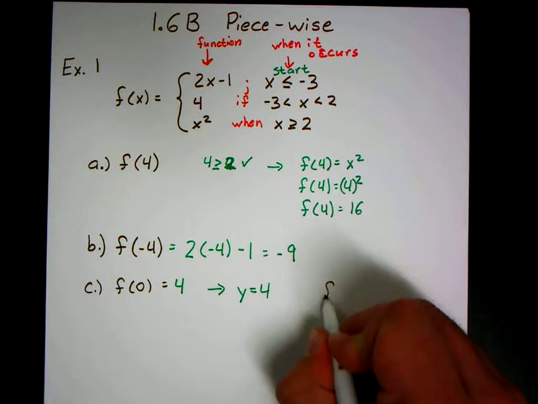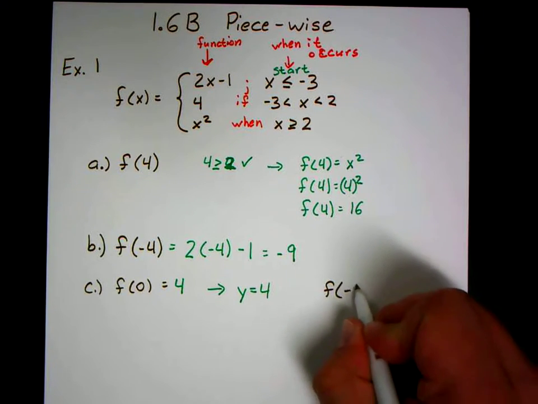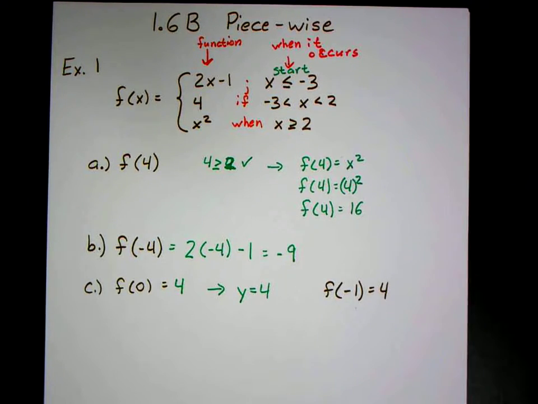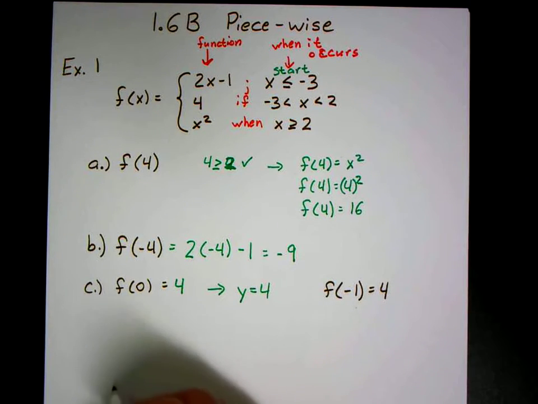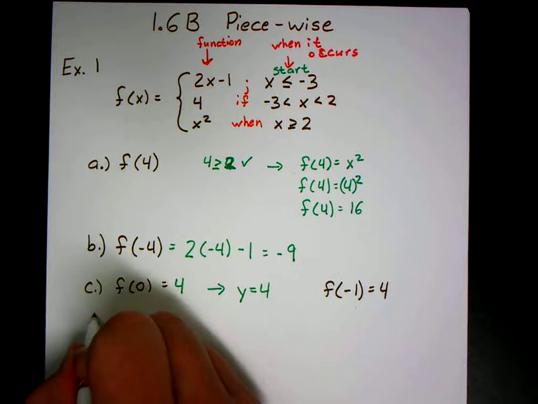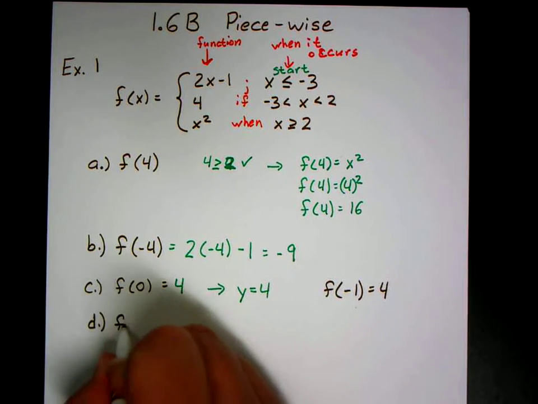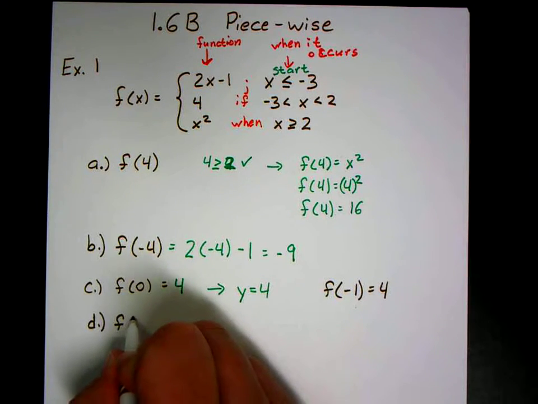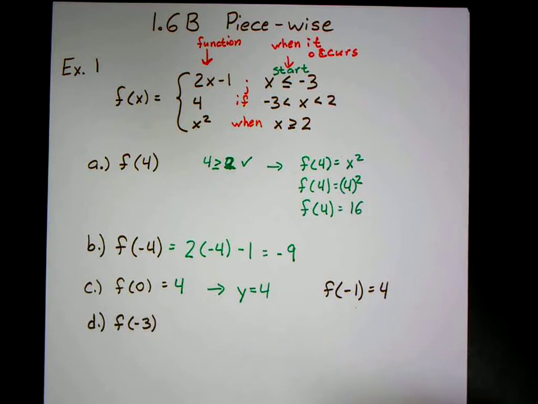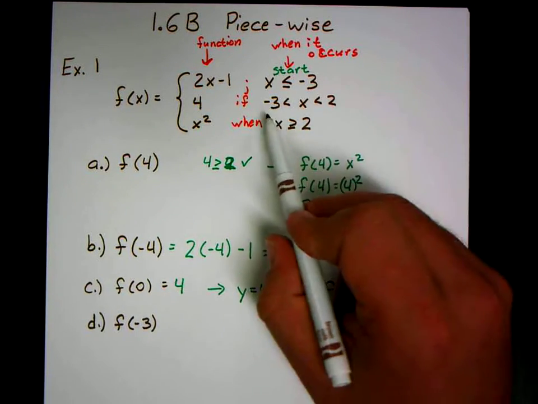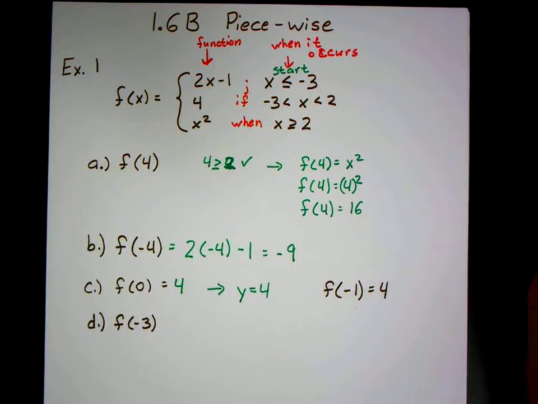So if I did f of negative 1, that would be 4. What's f of negative 3? Because that's in 2 of the groups, right? No, it's only in one group.